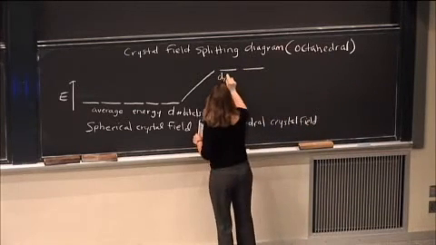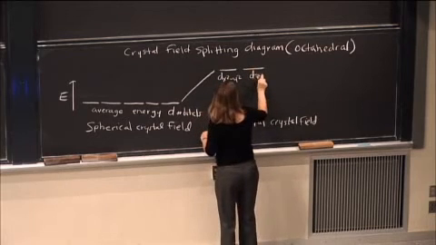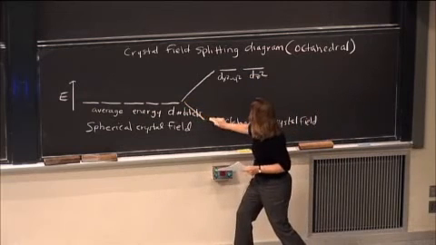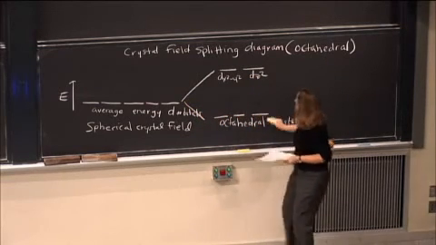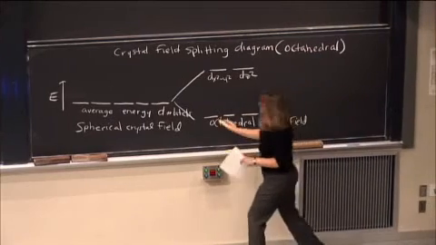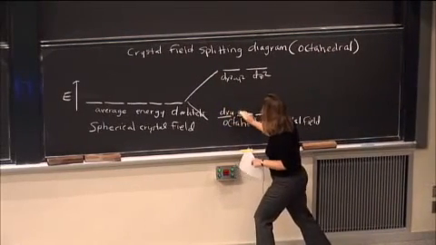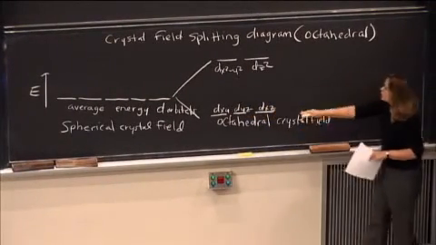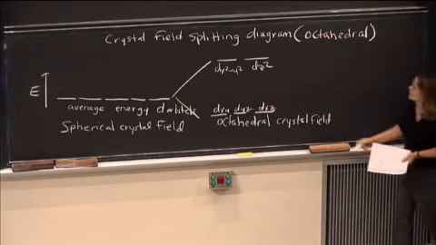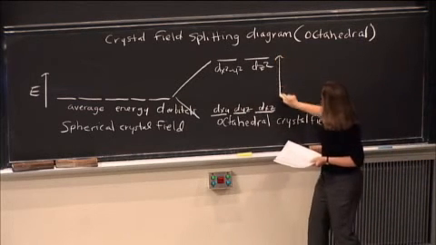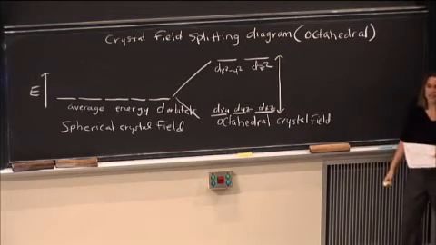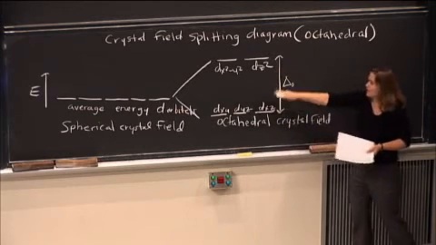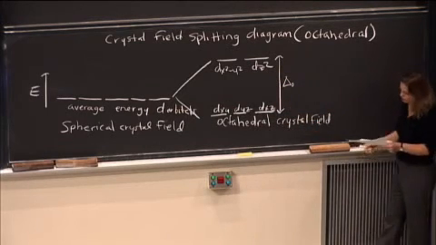So we have the dx squared minus y squared and dz squared going to be higher in energy, and we're going to have 3 that are lower in energy. So we'll have our dxy, our dyz, and our dxz will be lower in energy. This difference is called the octahedral field splitting energy, because it's the amount of energy that the octahedral field is split.